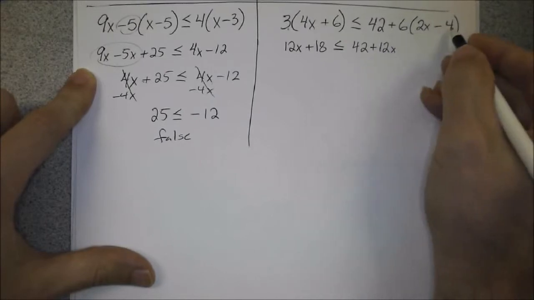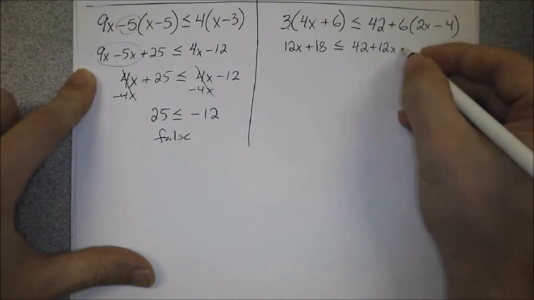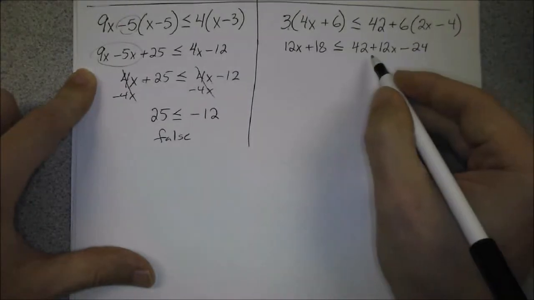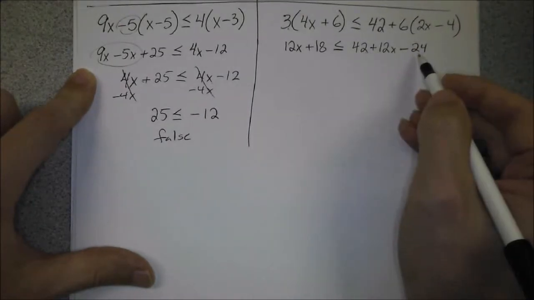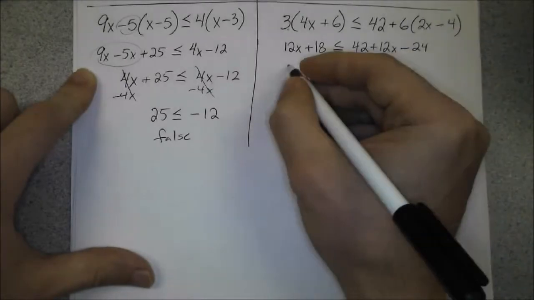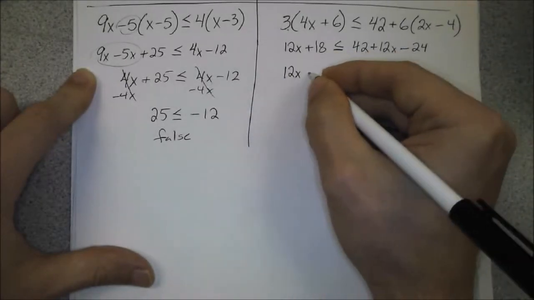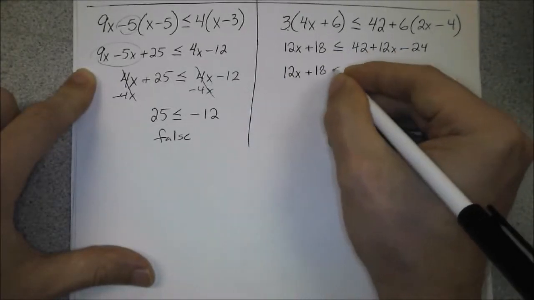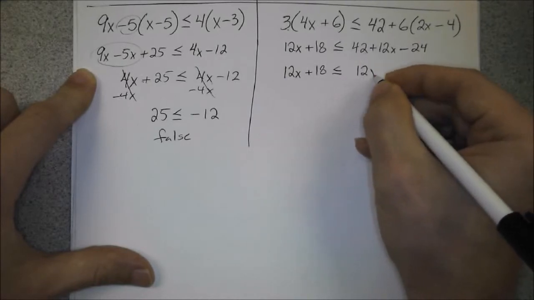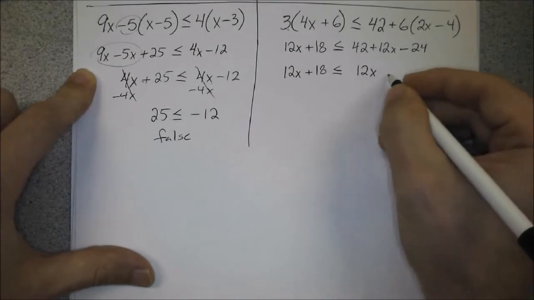Plus 6 times minus 4, that's going to be negative 24. So now let's consolidate this. 42 minus 24 is going to be 18. So now we have 12x plus 18 less than or equal to 12x plus 18.